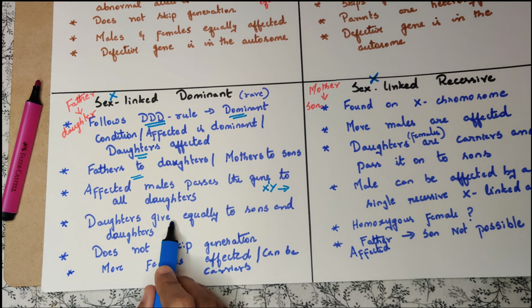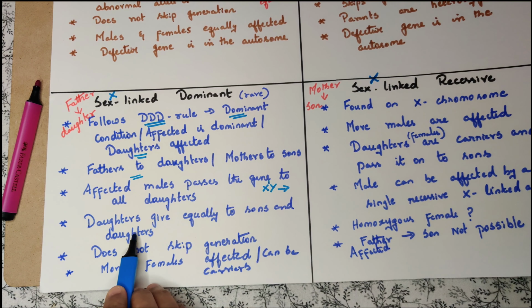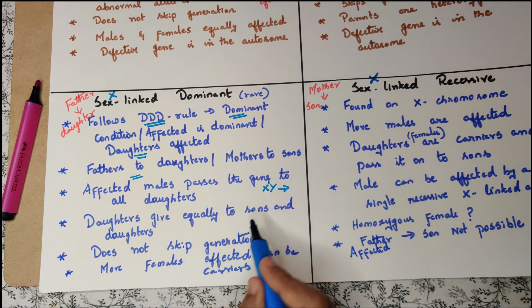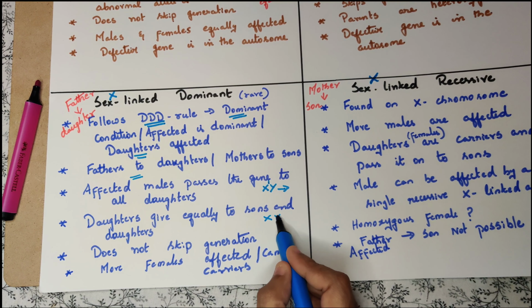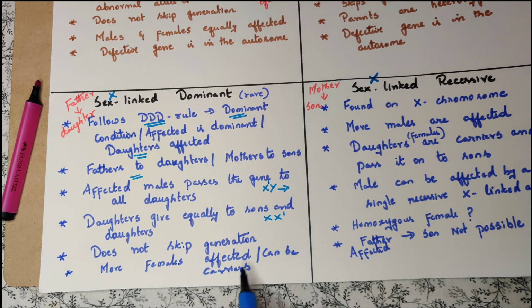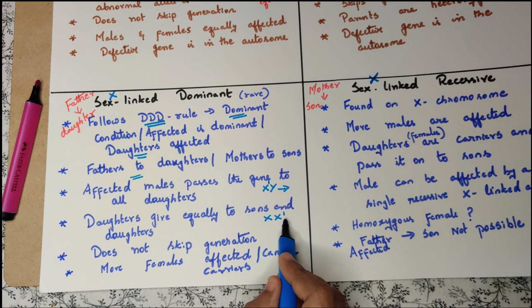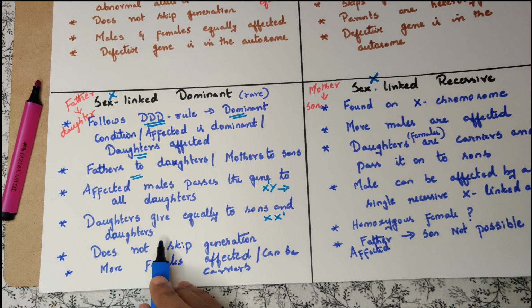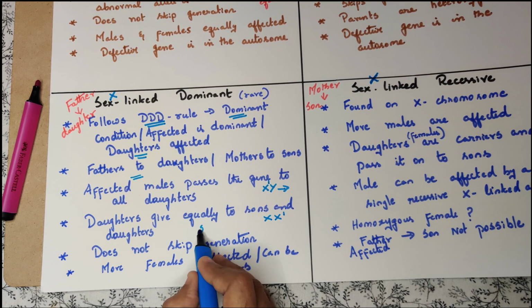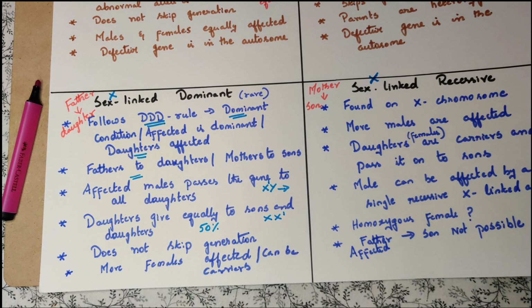Daughters give equally to son and their daughters. This I told you already. So a daughter having one affected gene and this is dominant, and if it is present on the X chromosome, she will be giving it to her sons and daughters at 50% chances.